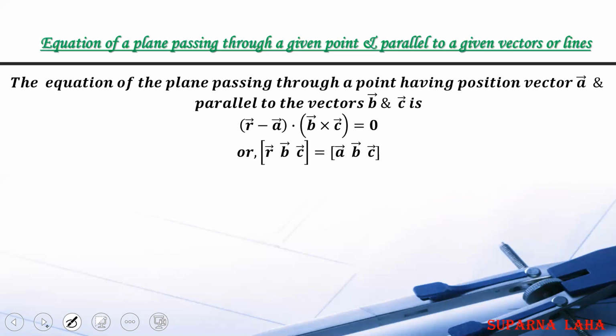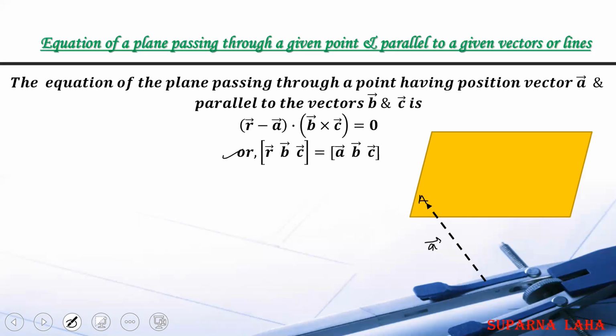By this vector representation we can define the equation of the plane. So taking this plane and a point A on the plane whose position vector is A. This is the origin, and the position vector of the arbitrary point P is r, and taking the vector B and the vector C. So this is C and this is B.